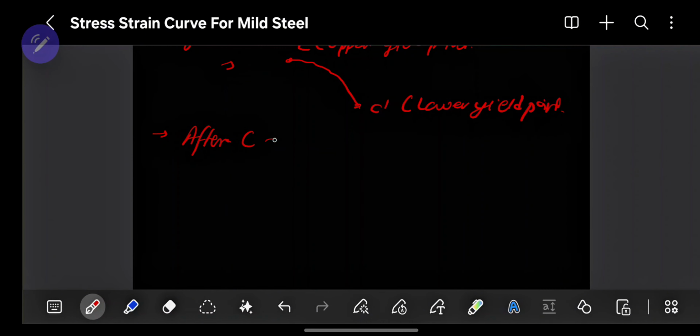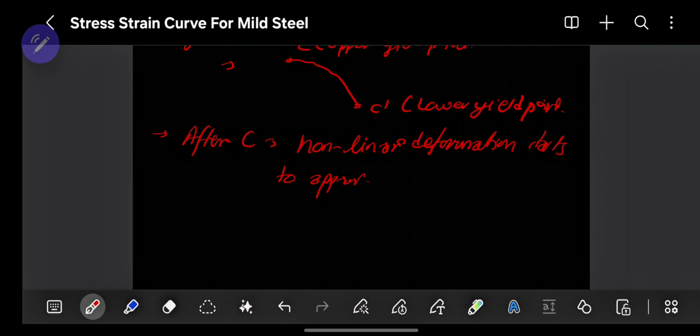So here after C, the non-linear deformation starts to appear, that is known as permanent deformation.